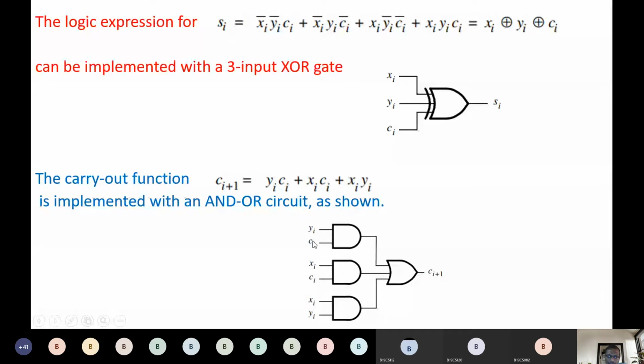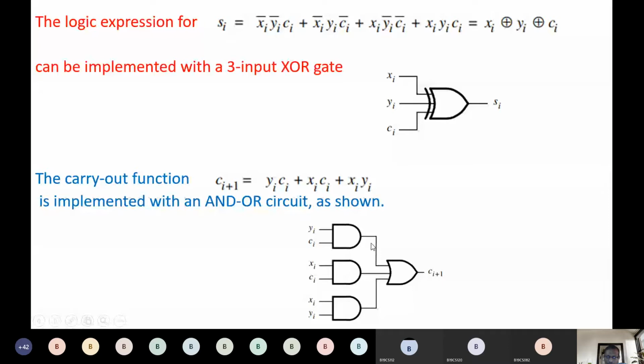Okay. So that's why for Y and Ci, this is the AND gate which does the product of these two. Next, another AND gate does the product of this one, and a third AND gate calculates the product of these two, and finally it needs to add all this, Y and Ci plus X and Ci plus Xi and Yi.